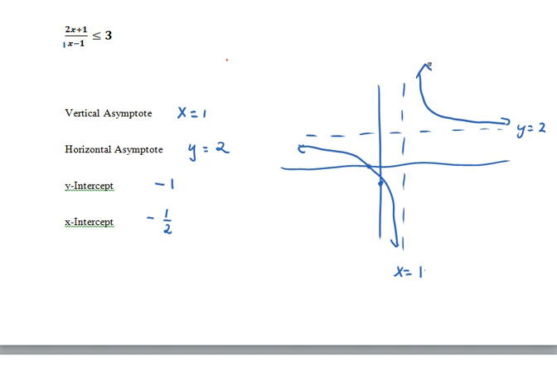This time we want to know where is the rational function, the y value, less than or equal to 3. And so I also have to draw in the line y equals 3, which would be approximately here. And we want to know where are the y values in the hyperbola less than or equal to 3.